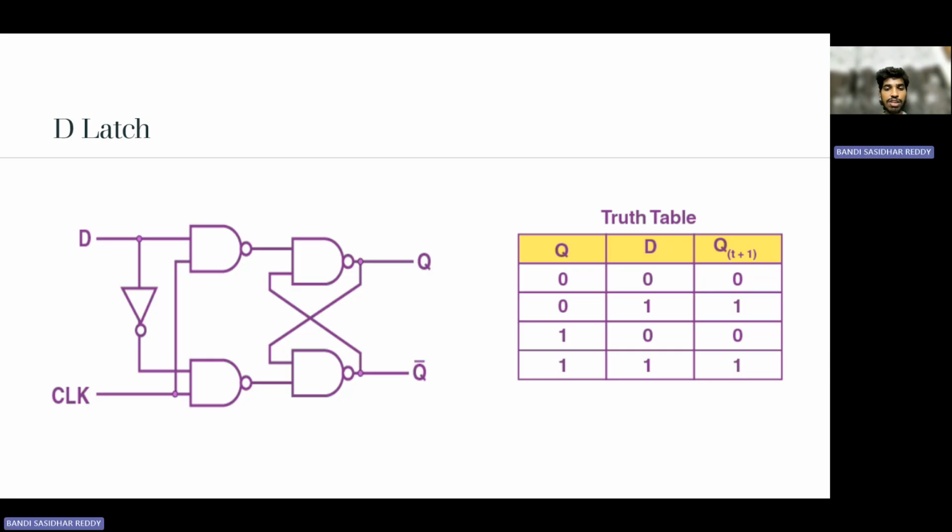It is 0 when the D value is 0, and 1 if the D value is 1. In the next state we get 1. Here the D values 0 and 1 represent reset and set.